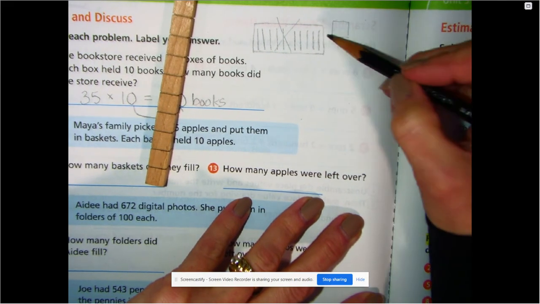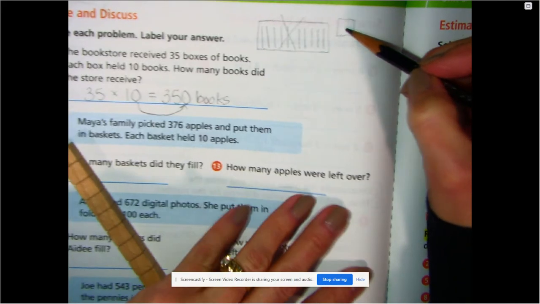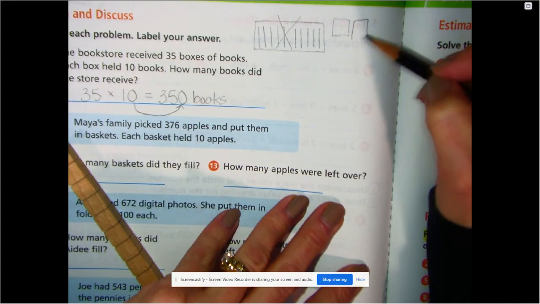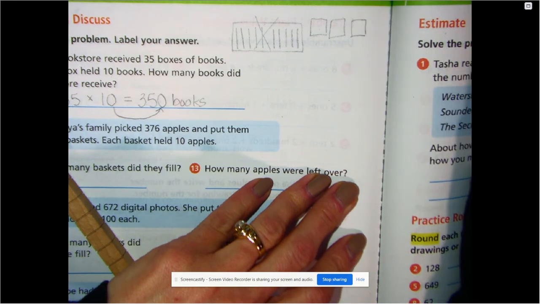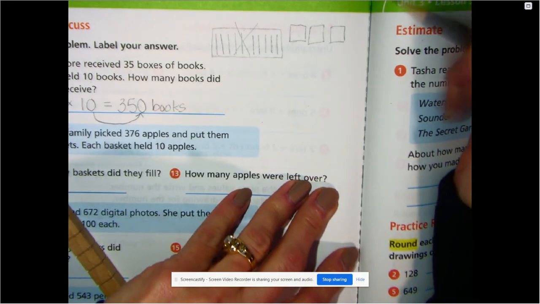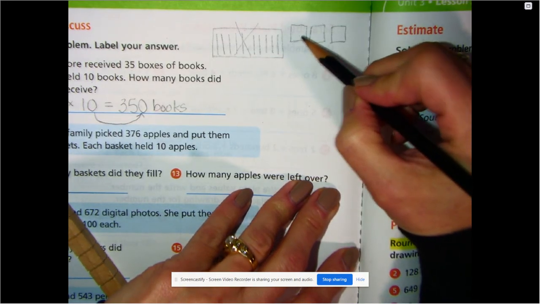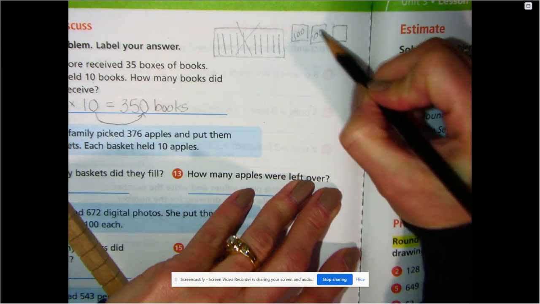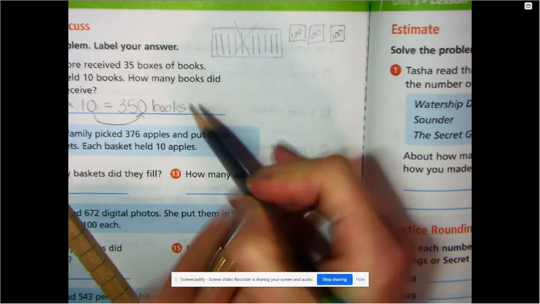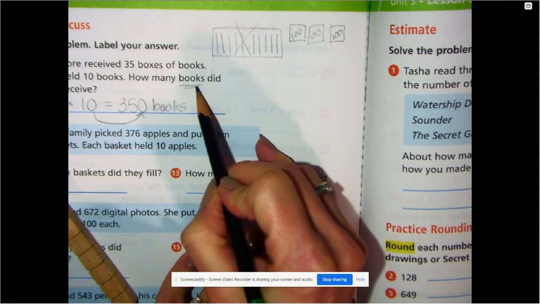So there's, right, 10 boxes, 20 boxes, 30 boxes of books, right? So there's boxes, but remember how many is inside? There's 100 books inside, and they're asking us about books.